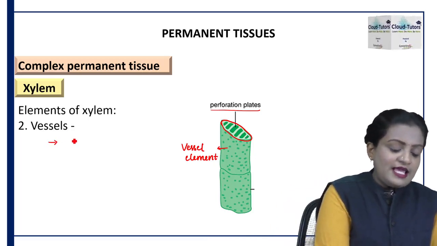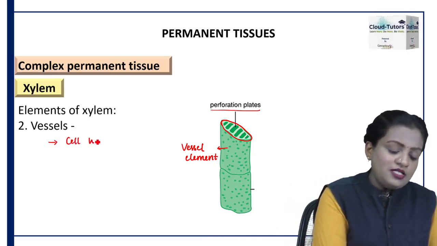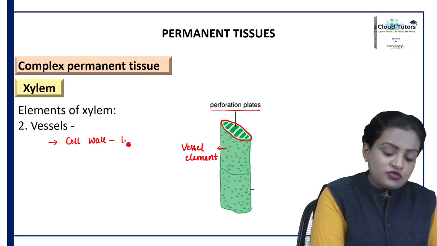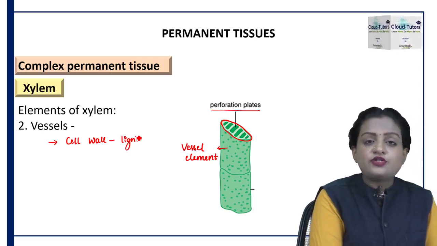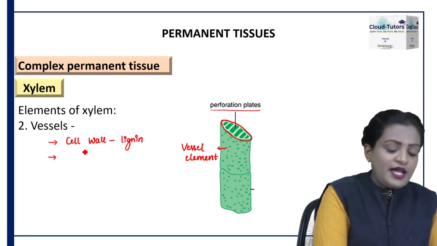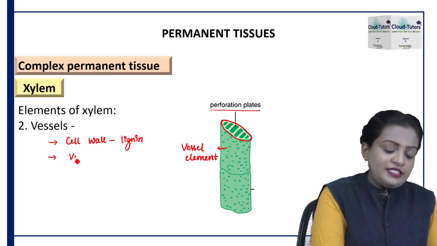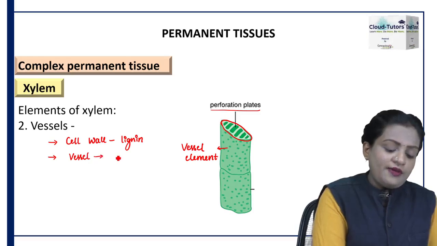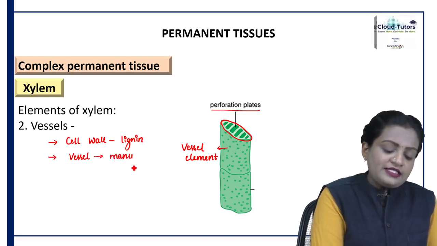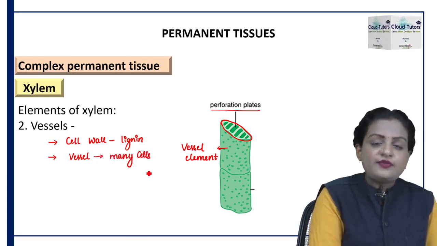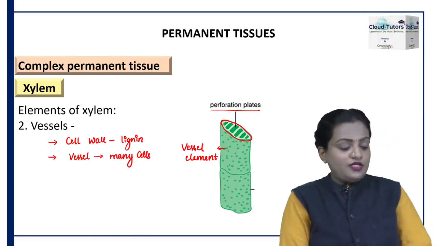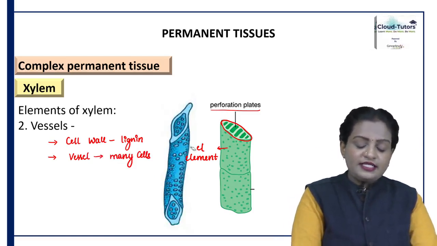So what we can say is the cell wall of vessels is also made up of lignin, very similar to tracheids. And vessel is not one cell. So vessel is basically made up of many cells, and these many cells are nothing but vessel elements. So vessel element looks something like this.